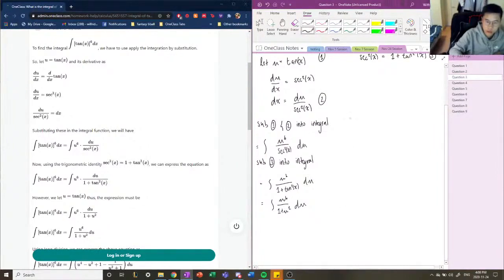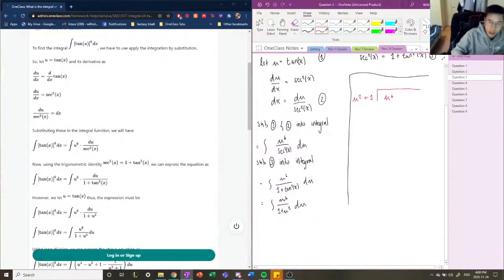So our long division will look like u to the 6 divided by u squared plus 1. We're going to try to get rid of the leading term by multiplying u squared plus 1 by a variable to a power.